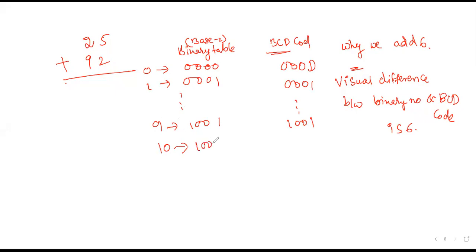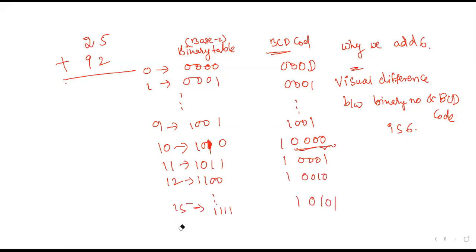I will write here 1010 for 10, so we will represent with 4 bits. Next 1011, 1100, 1101, 1110, 1111 for 15. For 16 I will write 10000 in binary, and in BCD 10110.